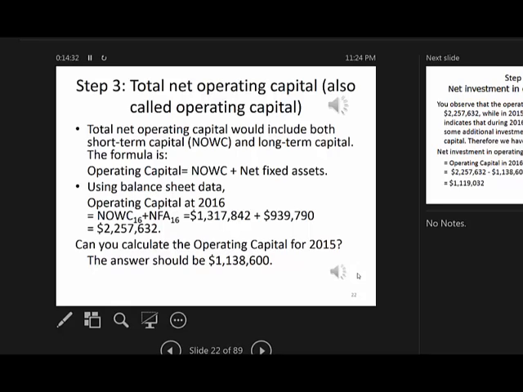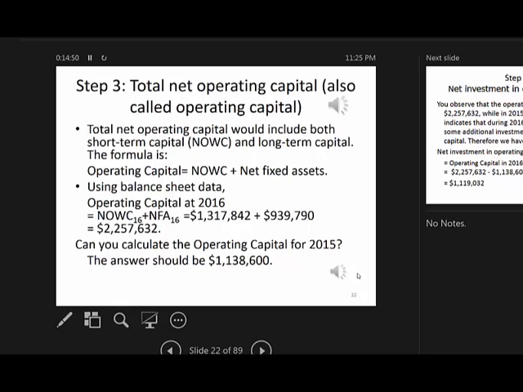So NOWC, as you got from the last slide, would be about 1.3 million, and net fixed assets, from the balance sheet, would be about $939,000. So the total is about $2.2 million.